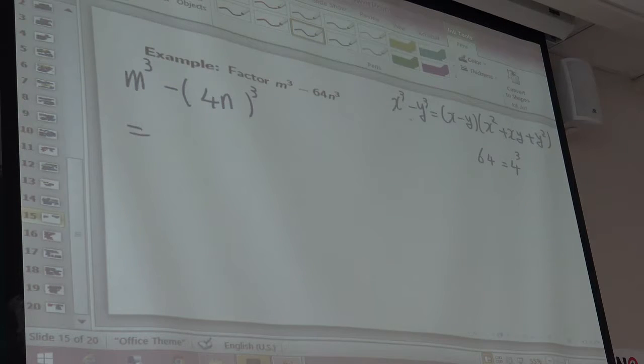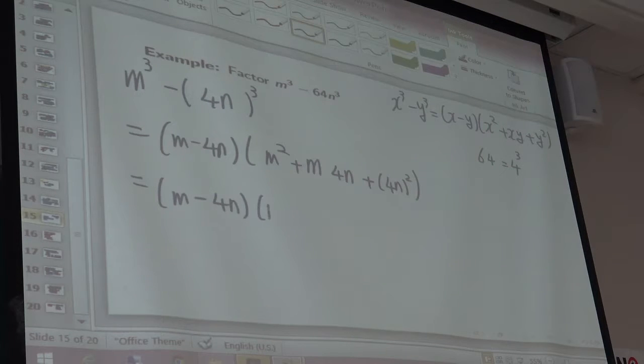So we can use this, which is n minus 4n, and n squared plus n times 4n plus 4n squared. n times 4n is the same as 4mn. 4n quantity squared is 16n squared. So that's it.